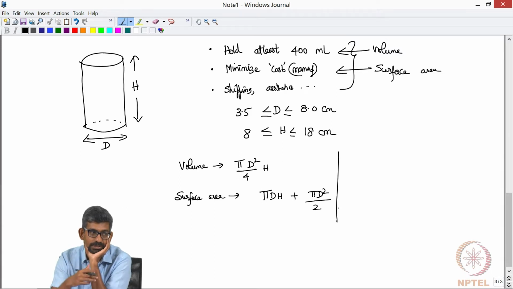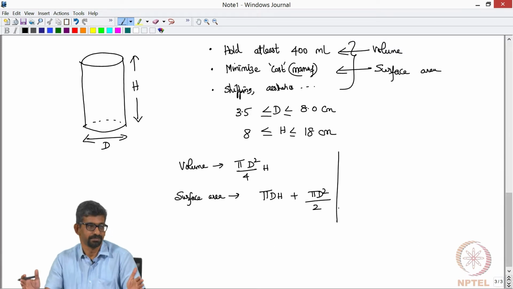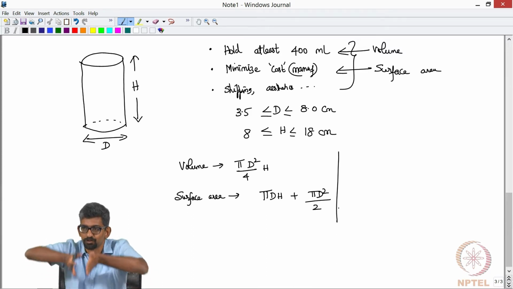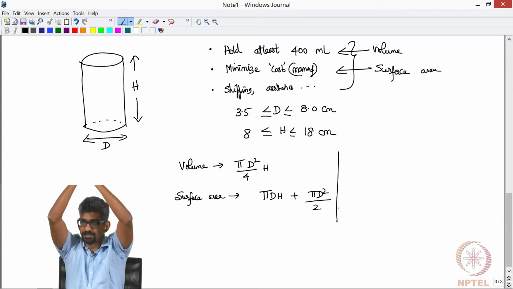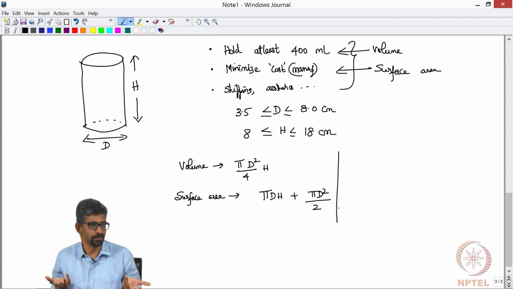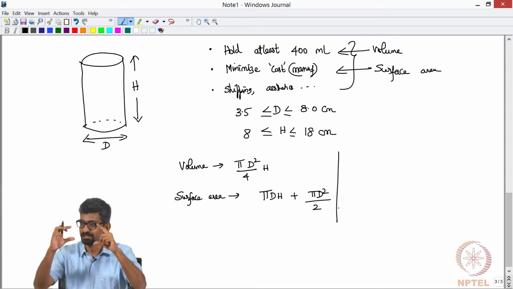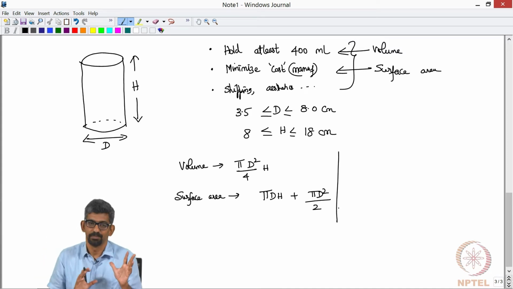See, it could be fat and short for the same volume, or it could be slender and long for the same volume, or you can get a trade off between the two. So, basically by increasing and decreasing d and h, for the same value I can get multiple combinations as well.